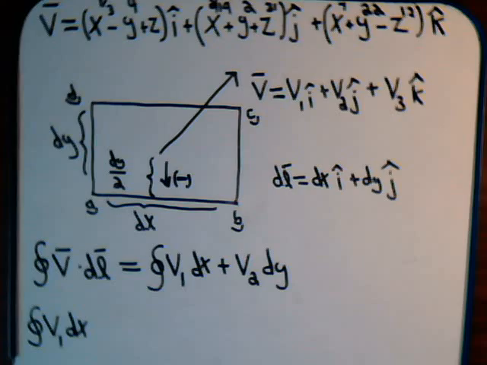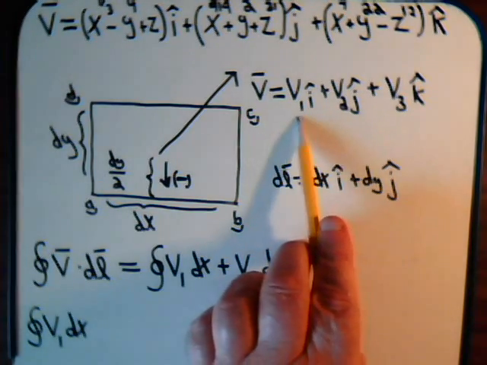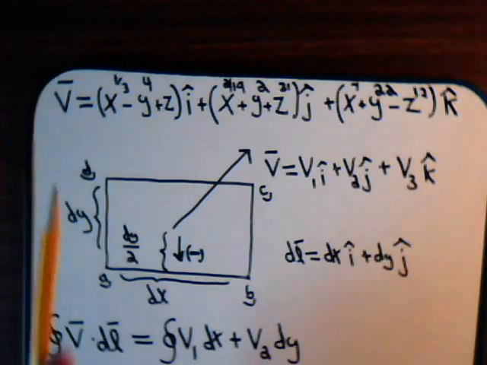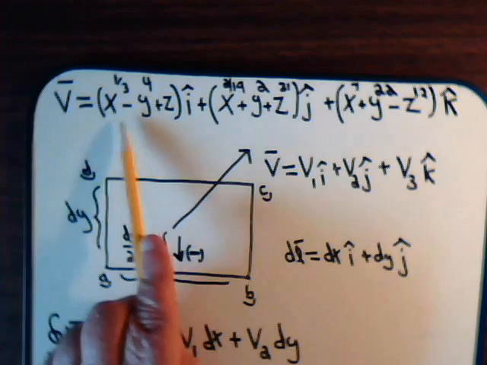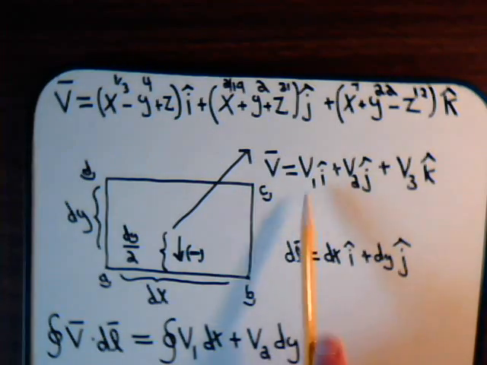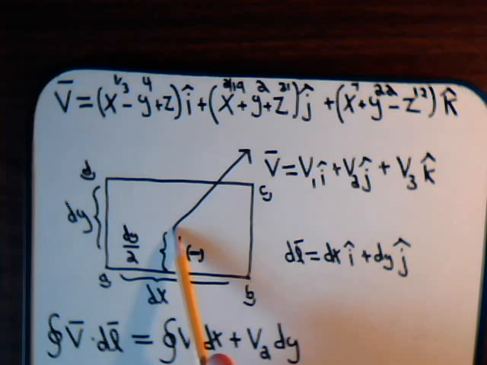The point is that v1 is dependent upon variables x, y, and z, but when we move this into juxtaposition, the y variable changes. Therefore, v1 has a certain value when it's right here in the middle of our infinitesimal path, but now when we move it down to here, v1 is going to change.